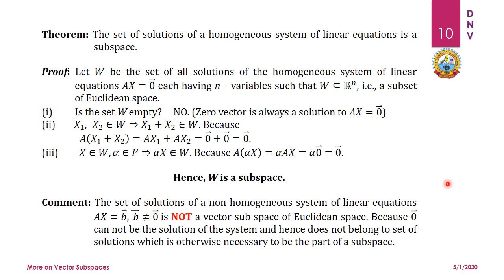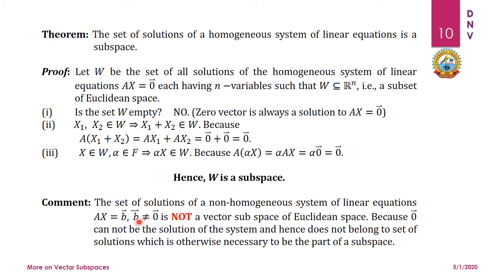Why? Because for being a subspace, the set of solutions must contain the 0 solution, which it will not have at any time, because 0 can never be the solution of a non-homogeneous system of linear equations, because this b contains a vector in which at least one component must be non-zero, and only then can it justify the condition b not equal to 0, that is, not the null vector.